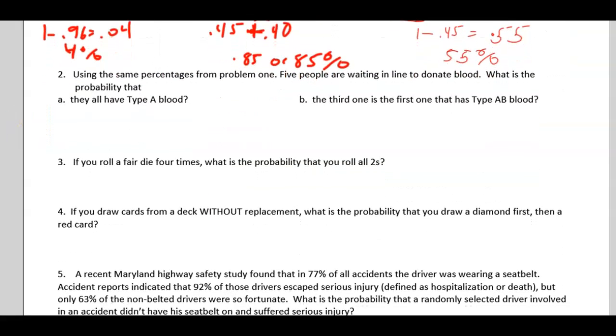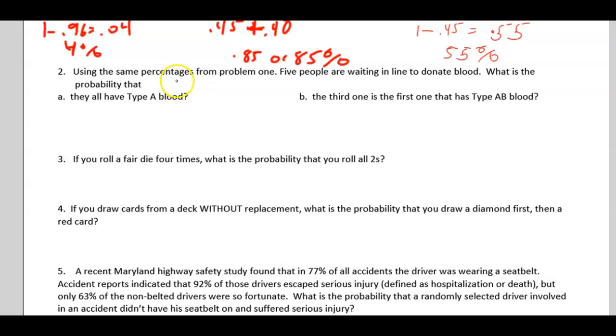Now, number 2 says, using the same percentages from problem 1, 5 people are waiting in line to donate blood. What is the probability that, part A says, they all have type A? Well, type A is 40%.